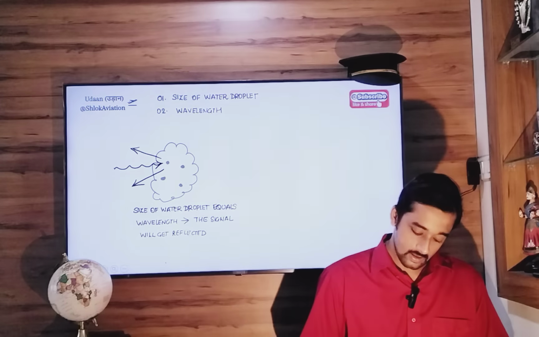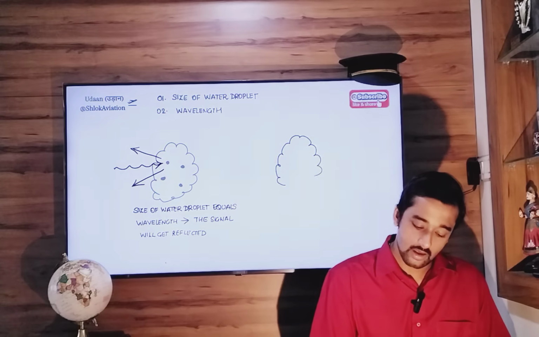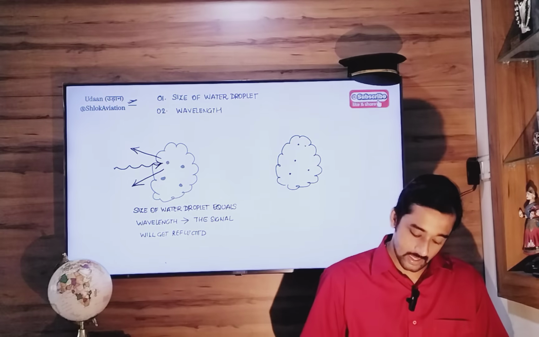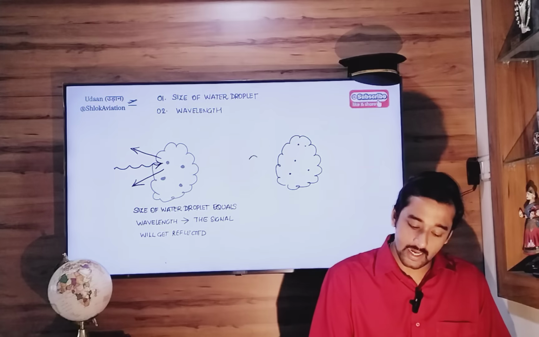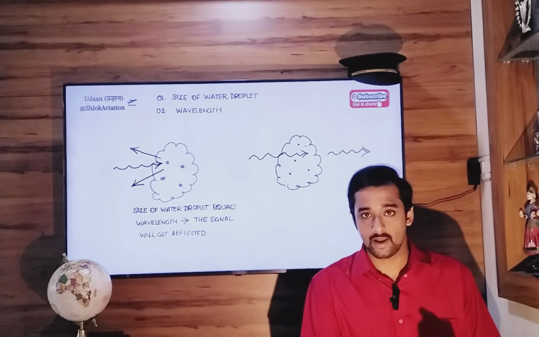Now, if the size of the water droplets is less than the wavelength of the signal, what will happen? The signal will penetrate the cloud and go beyond it. There won't be any reflection.